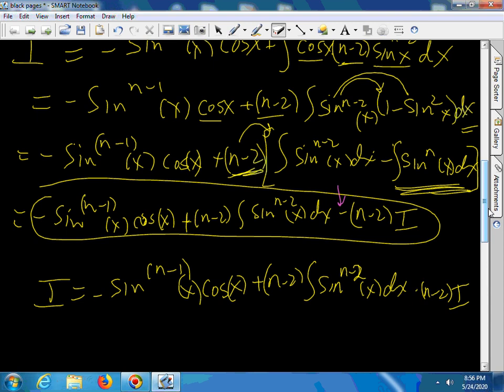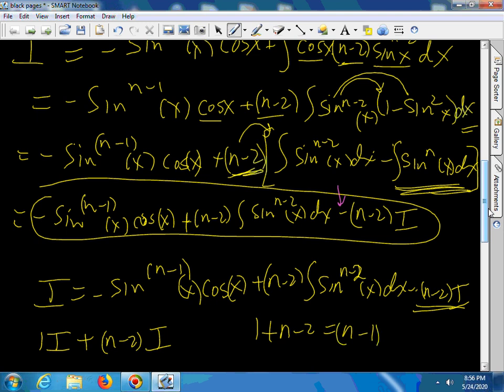So when I bring it to the other side, on the left side I have I, and when I bring this over, I'll be adding n minus 2 I's. So here I have 1 I, and then you're going to add n minus 2 I's. You're going to have n minus 1 I's. That is, when I bring this term to the other side, I'll have n minus 1 I's.